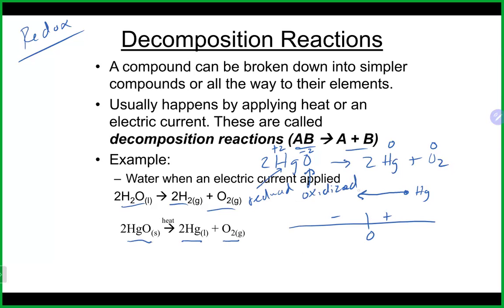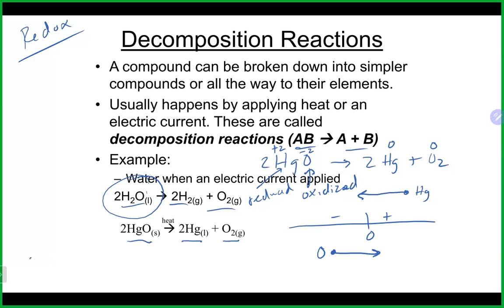And we see it if we look at the oxygen. Oxygen is starting at -2 and ending at 0, becoming more positive in this case. Same thing with our water. In this case, the water is the opposite of putting it together. What is being oxidized and what's being reduced?